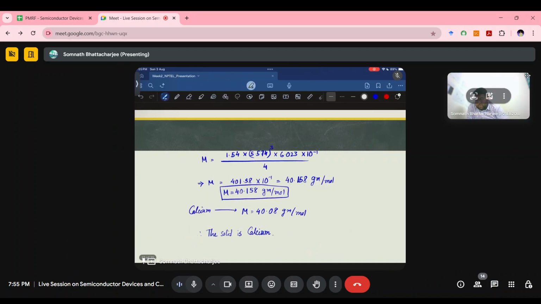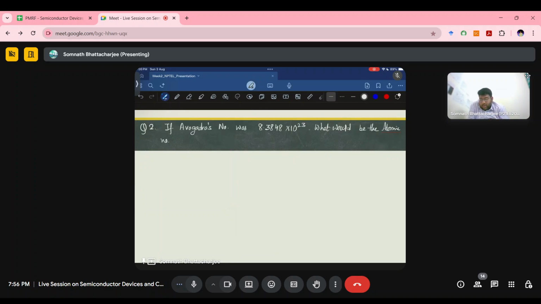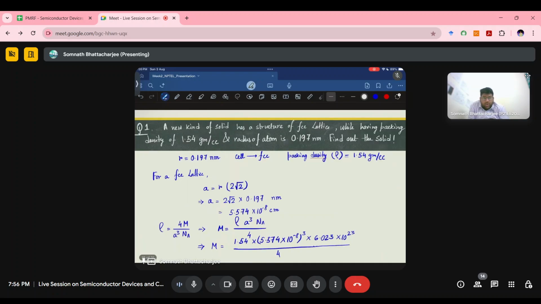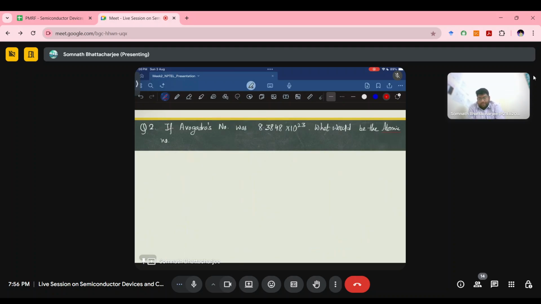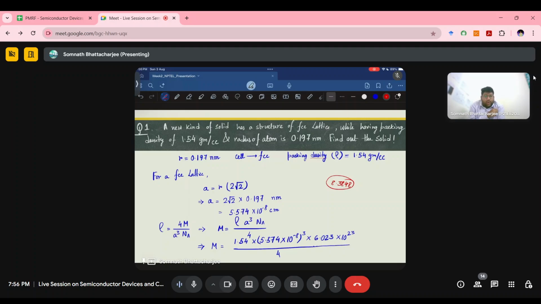So if Avogadro's number is 8.3848 into 10 to the power 23, which is actually 6.023, so we are changing it. If we are changing the Avogadro's number to this, what would be the value of atomic number? Try to solve this. Let's take 2-3 minutes.